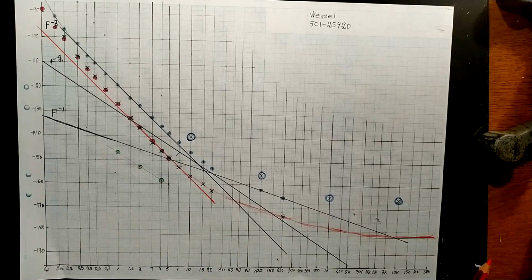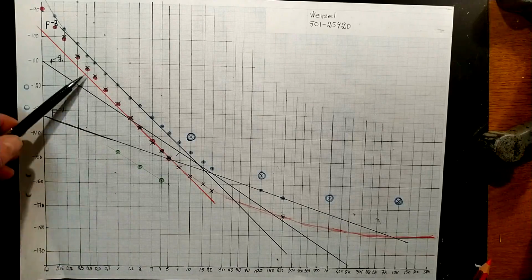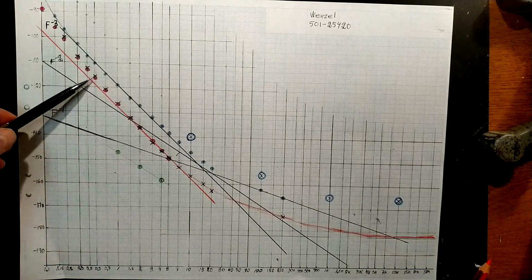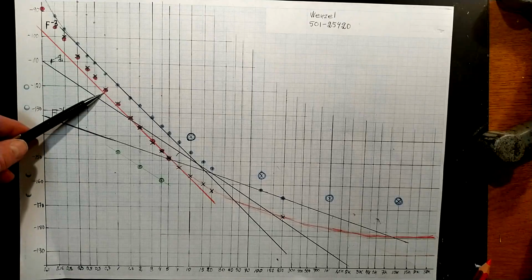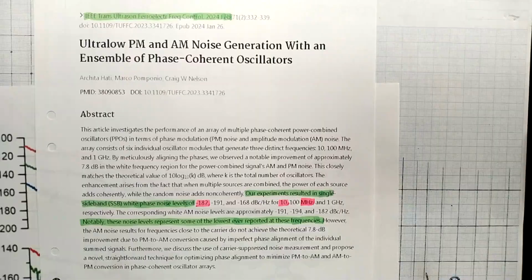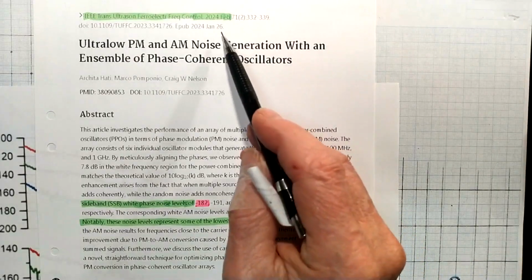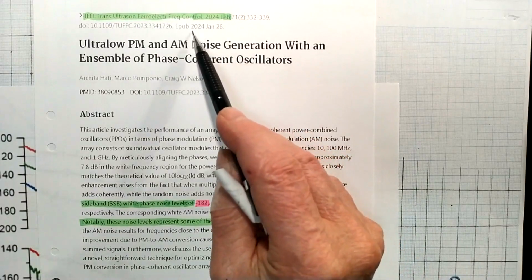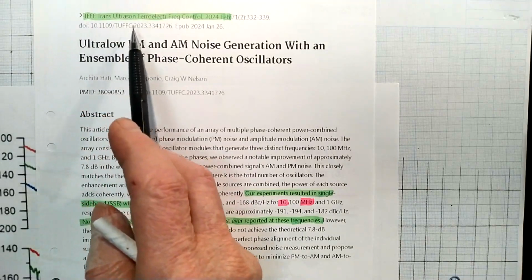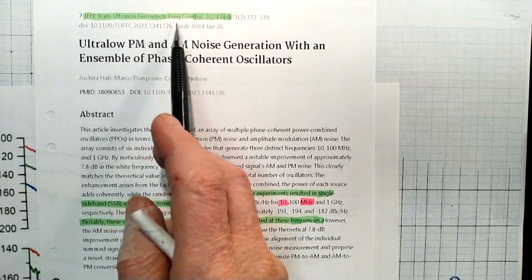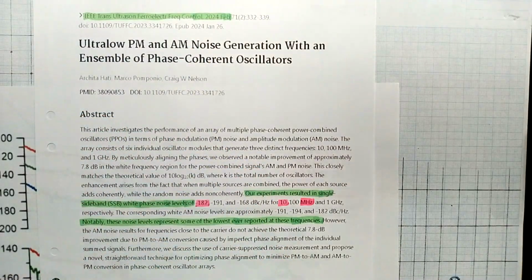So this performance is interesting. But what I don't like is the deviation from the F-3 line, starting at about 0.7 Hz already. This paper was published a week ago, January 26, 2024, in IEEE Transactions on Ultrasonics, Ferroelectrics, and Frequency Control.